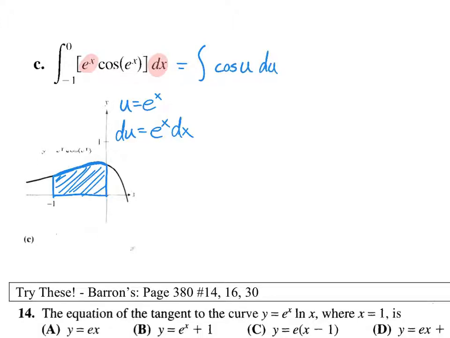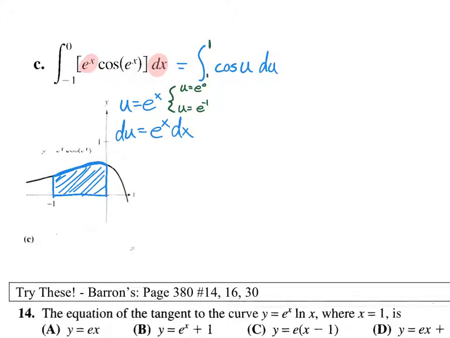Now I am going to go ahead and switch my bounds at this point. U is going to be e to the 0 and e to the -1. Okay? So e to the 0 is 1, so that's my upper bound.